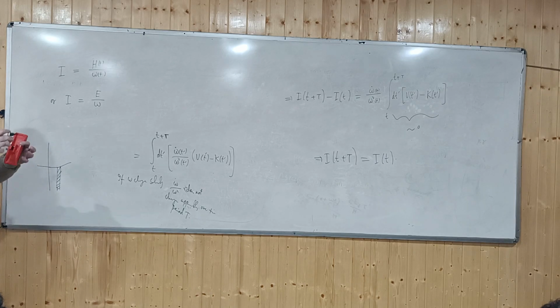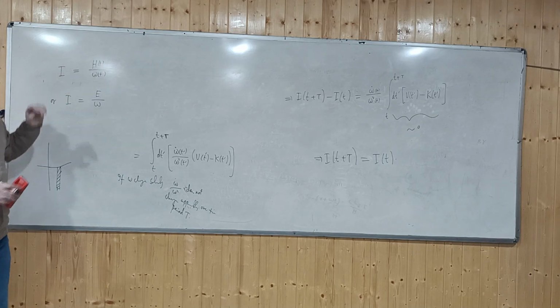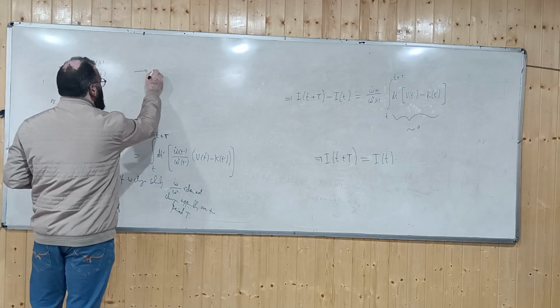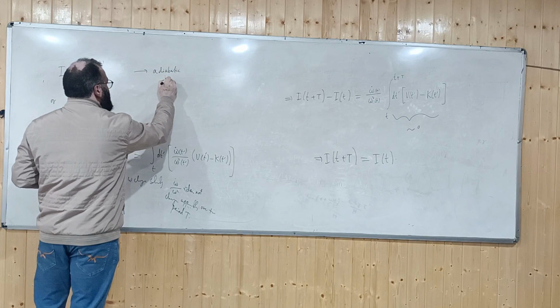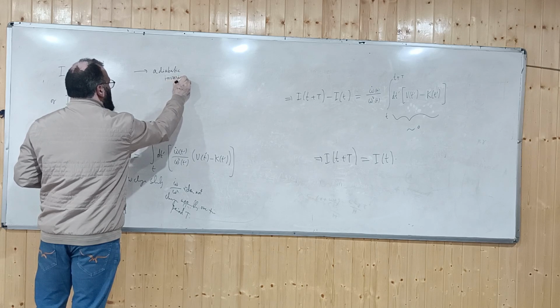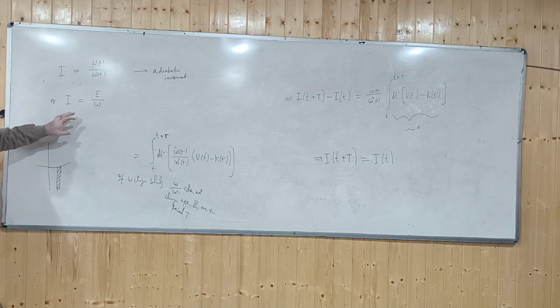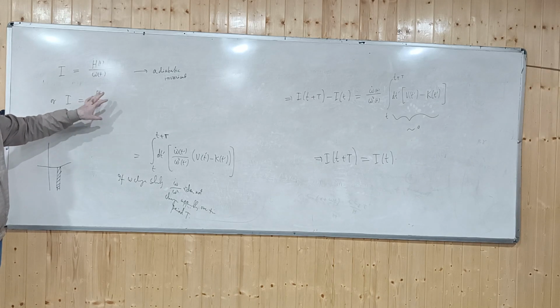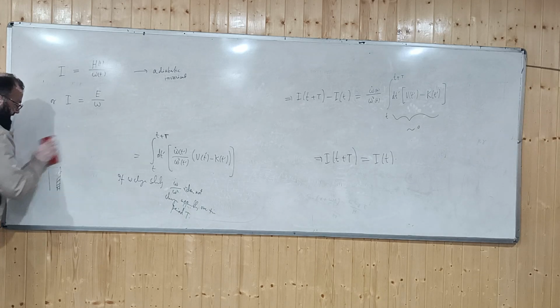Okay? These invariant quantities we call adiabatic invariants. So this ratio forms an adiabatic invariant. So the value of the adiabatic invariant for the harmonic oscillator is E by ω. Okay, so you will see its consequence in a moment.